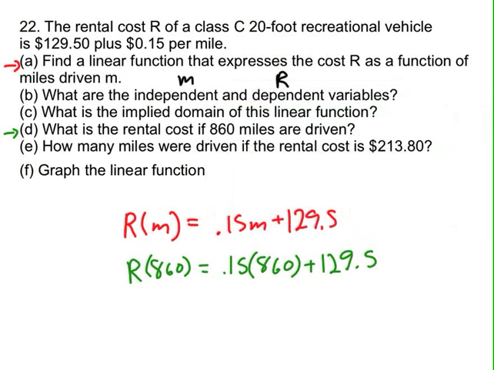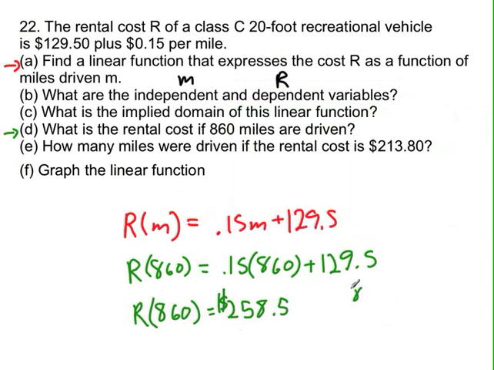So that means that R of 860 is going to be 258.5. Now don't forget your units. This is dollars because we're talking about revenue. Now, in order to make it easier later on, we want to use this point to graph.